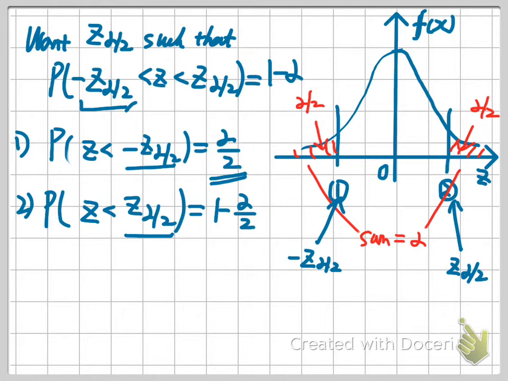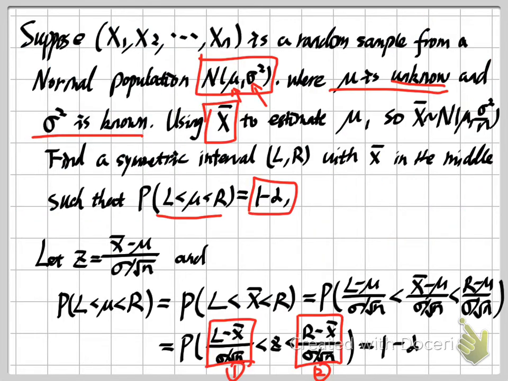So don't forget this left endpoint and right endpoint are our equations. One is for the left endpoint, which we call negative z alpha over 2, and the right is positive z alpha over 2, right?